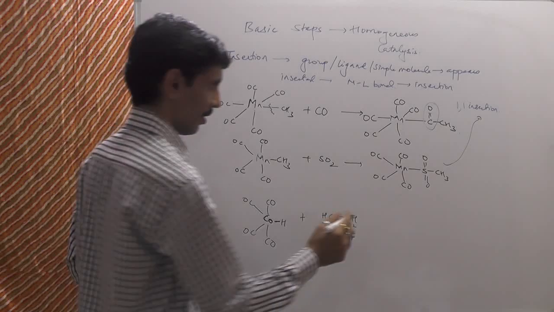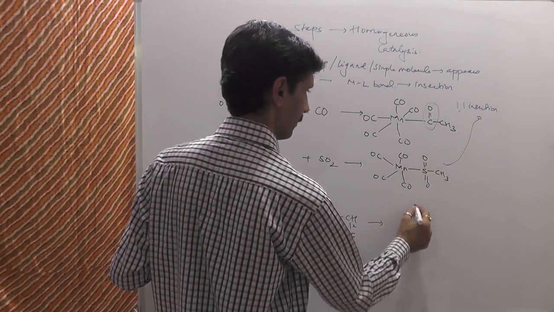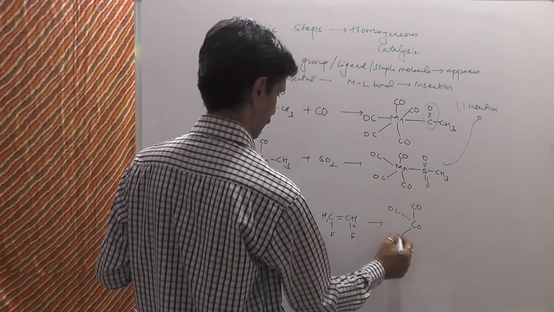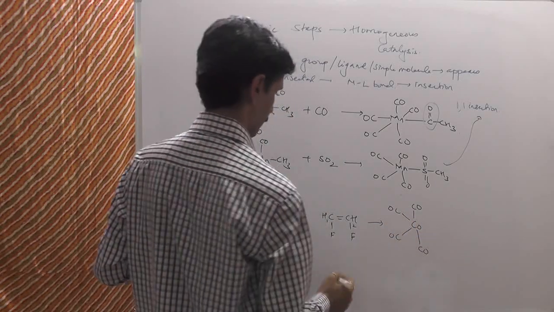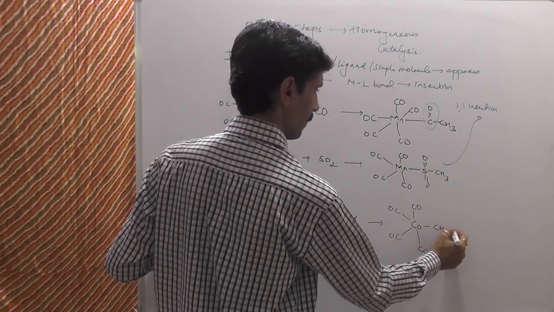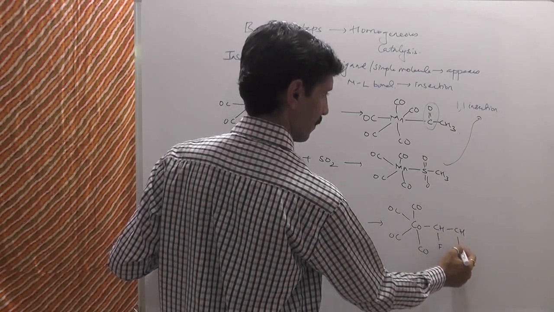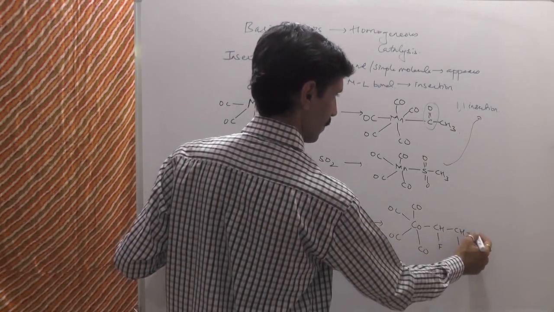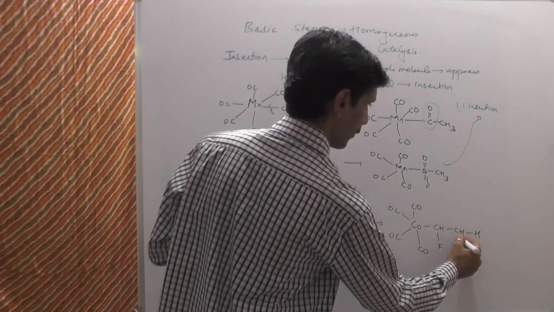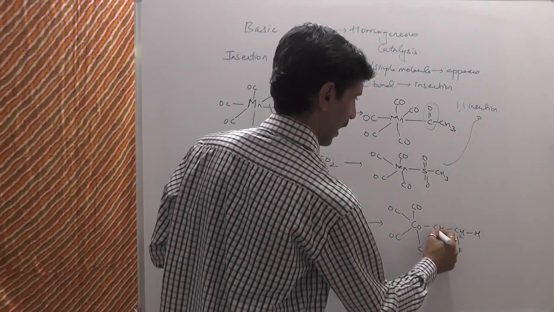Alright, so just have a look at the product, how it is going to be formed. This is carbon atom 2, and this is carbon atom 1.